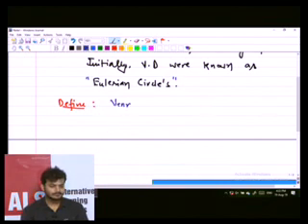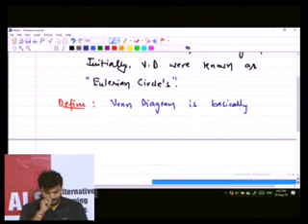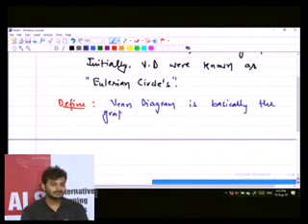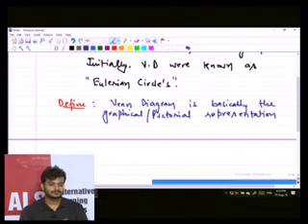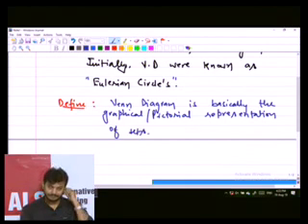A Venn diagram is basically the graphical or pictorial representation of different sets, or of sets. This is how we define a Venn diagram.